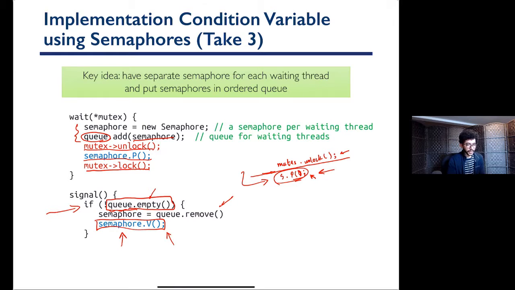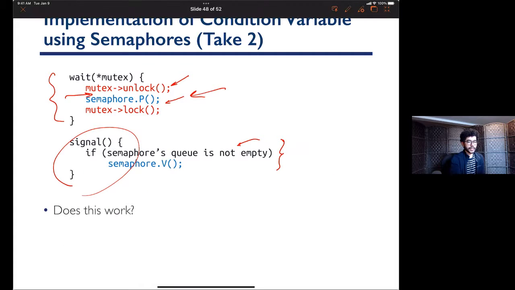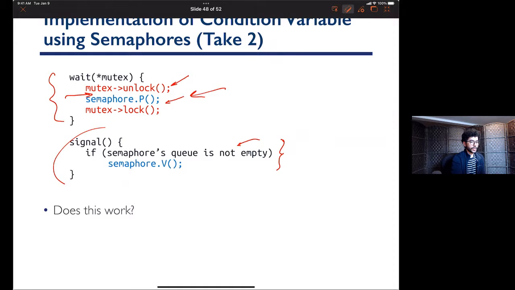Again, let's analyze the previous version and see why it is a problem with regard to not being atomic. Let's say I release the mutex, and before I call P, I get interrupted. I want to put myself to sleep, but I get interrupted.